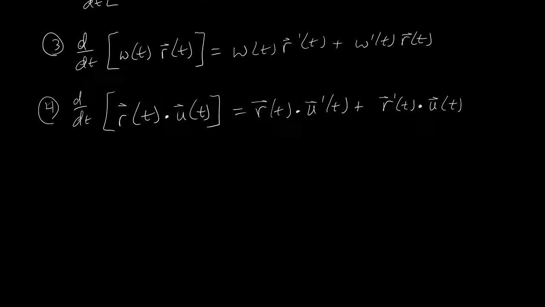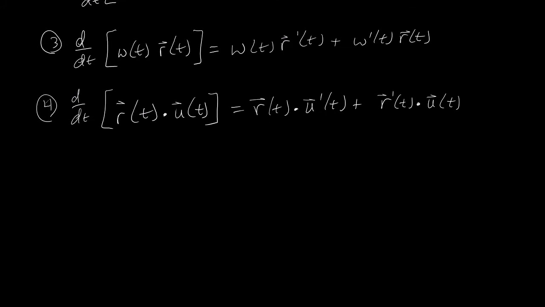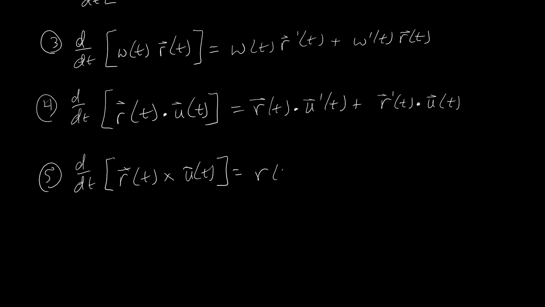We're going to say the same thing in the next one with the cross product. So number 5, d dt of the cross product r of t and u of t. It's going to be r of t crossed with u prime of t plus r prime of t crossed with u of t.